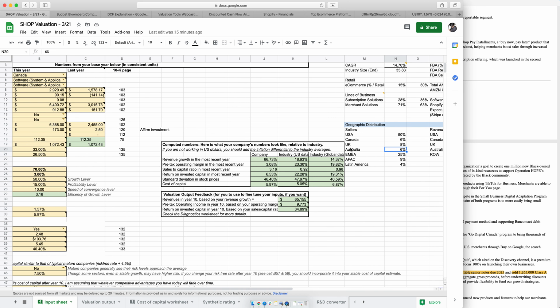In general, it looks like the operating margin for the industry is much higher, closer to the high 20s, around 20% ish. That makes sense, right?